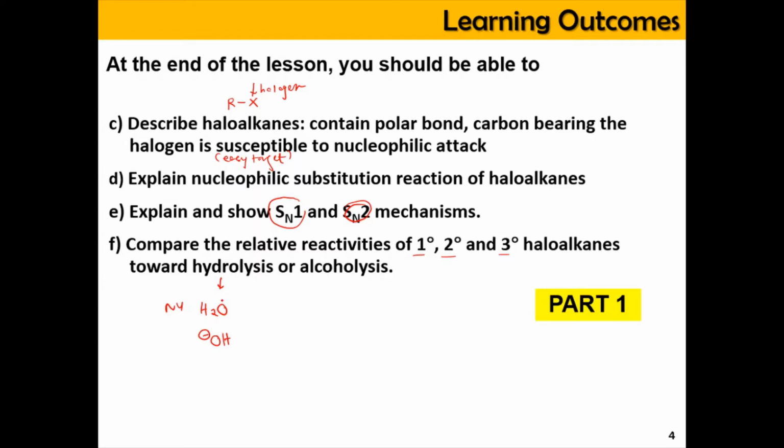So water here is a neutral molecule, and hydroxide ion here is going to be the negative charge or an ion. For alcoholysis, it's going to happen when the nucleophile will have OR minus here. So R here can be OCH3 or OCH2CH3 or any alkyl chain.